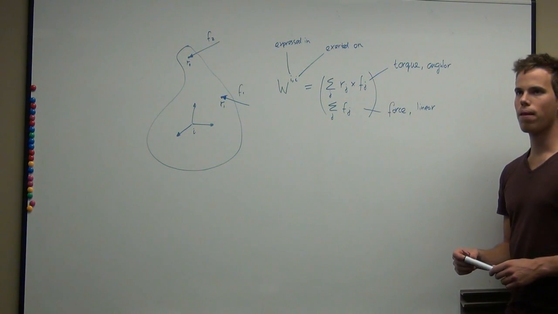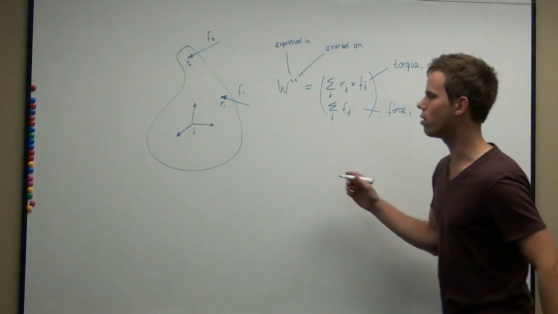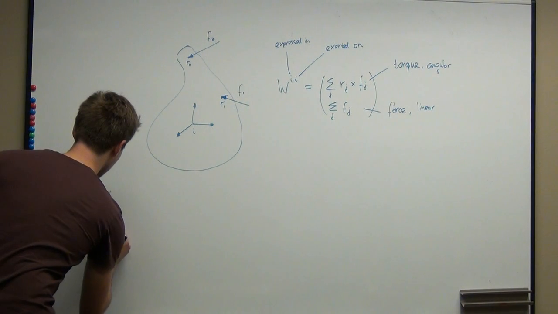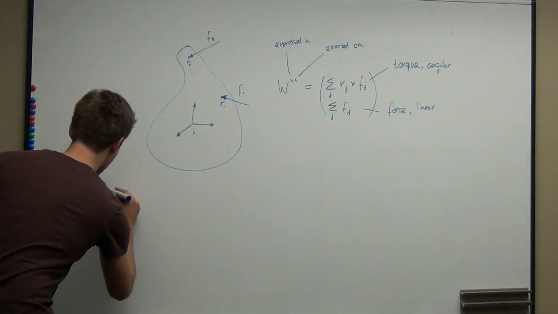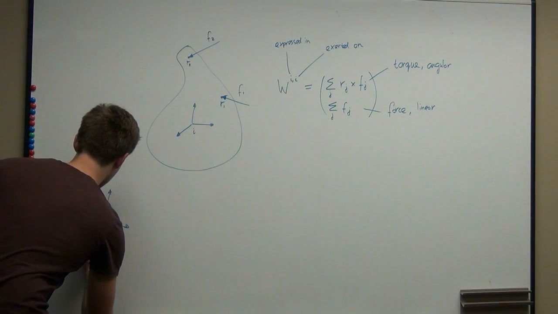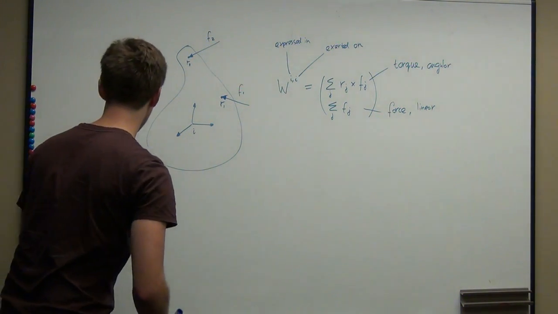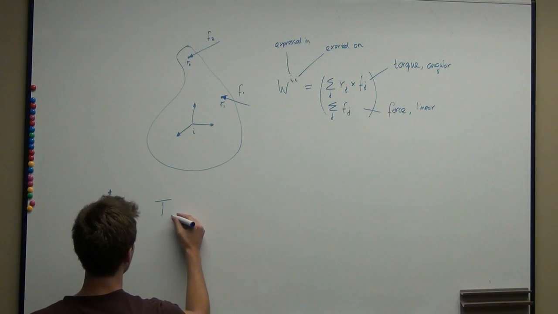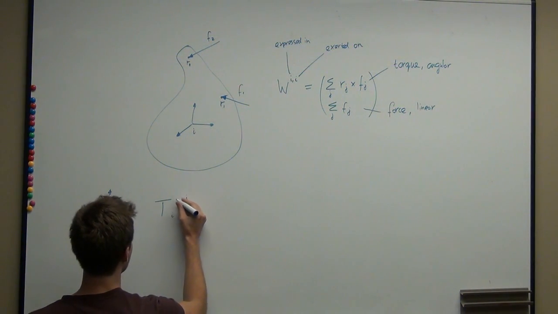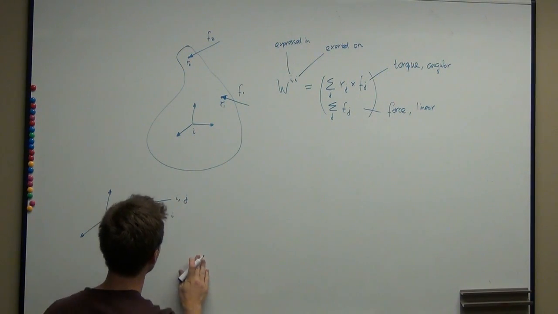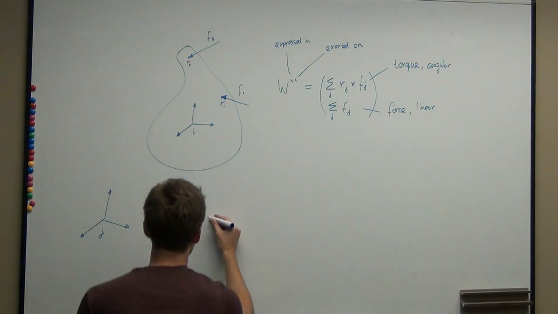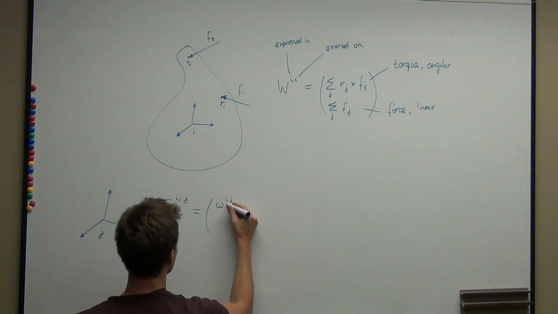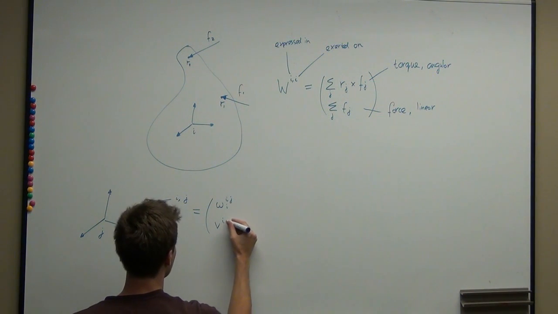So if you have the twist of this body with respect to some other frame, say frame J here, and you know the twist of I with respect to J expressed in I's frame, and that's omega I J I, V I J I.